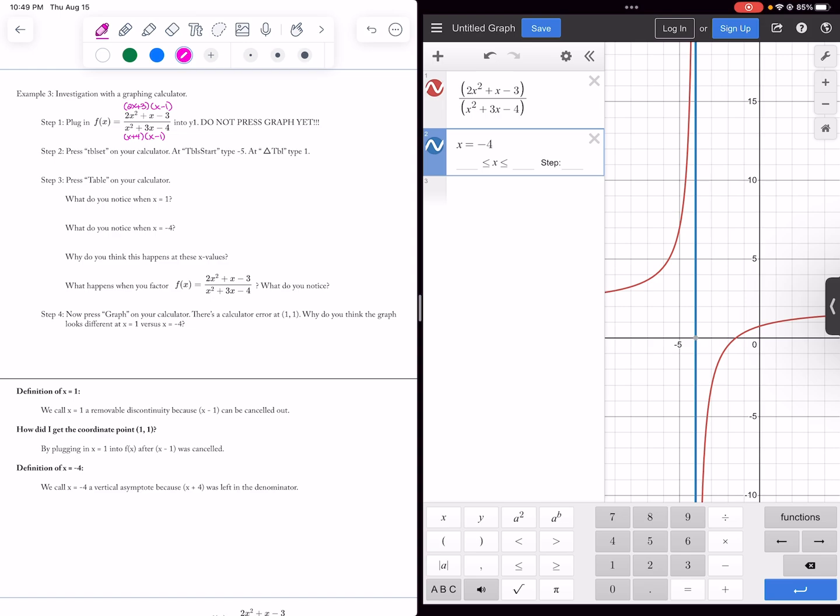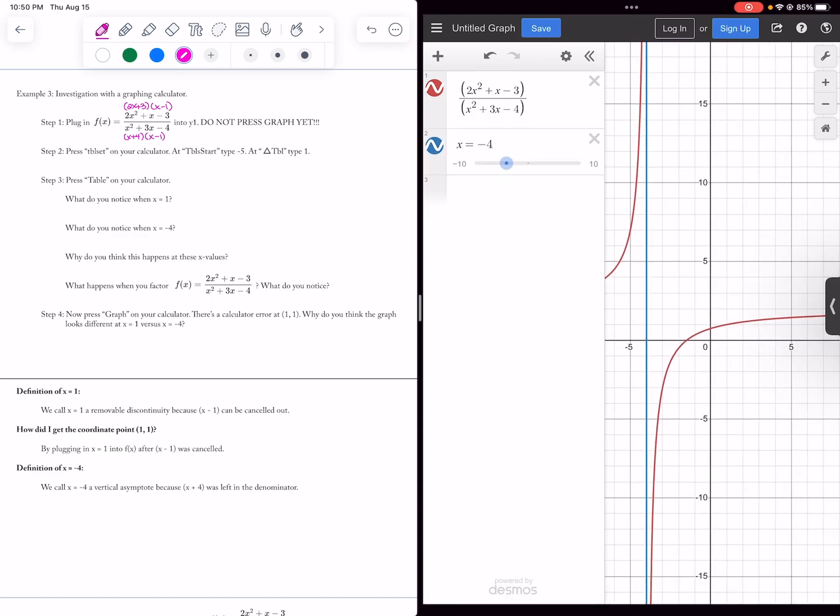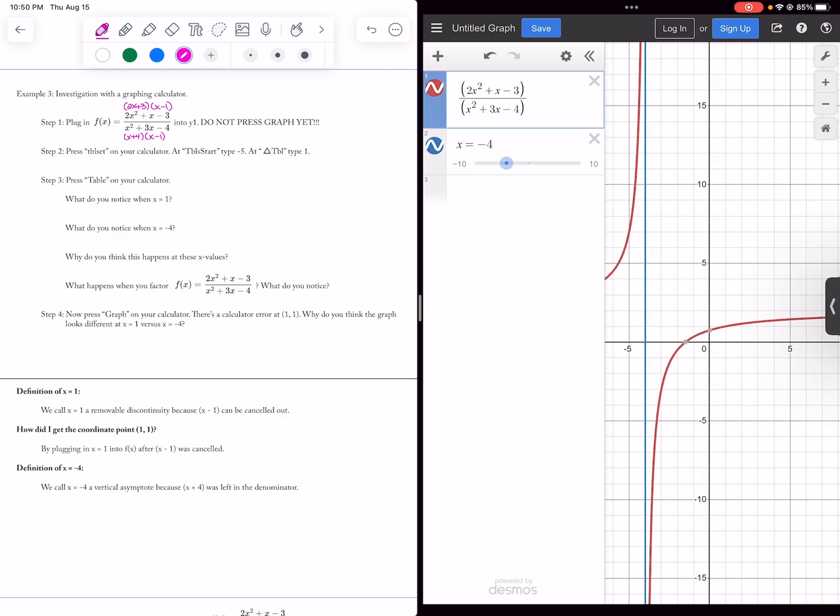You have this vertical asymptote. And what you notice at 1, if I go to 1 here, is that at 1, it shows undefined.